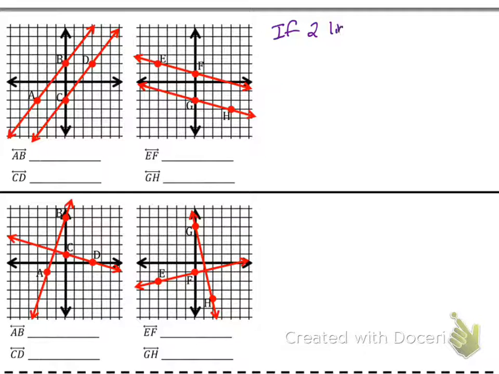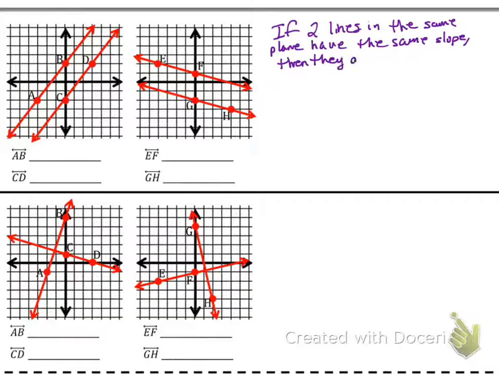If two lines in the same plane have the same slope, then they are parallel. Okay?